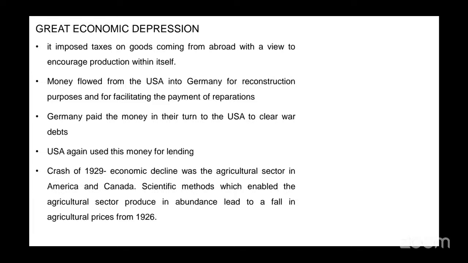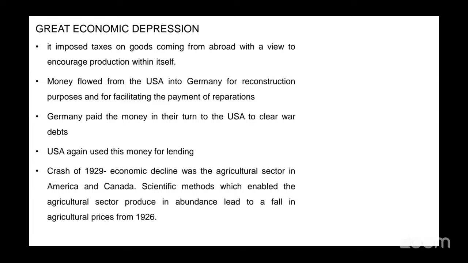In order for Germany to send money, it had to borrow money. Now who is lending this money? Where is Germany borrowing from? It's from the USA. So this went on in a circular motion, with money getting pumped into the USA economy, and the USA using the money for lending again.